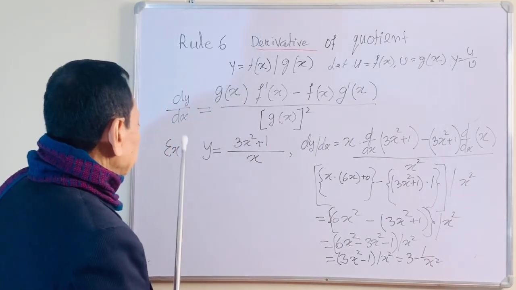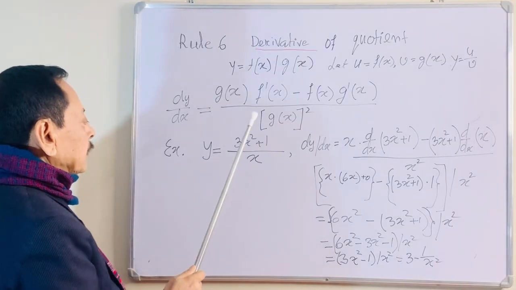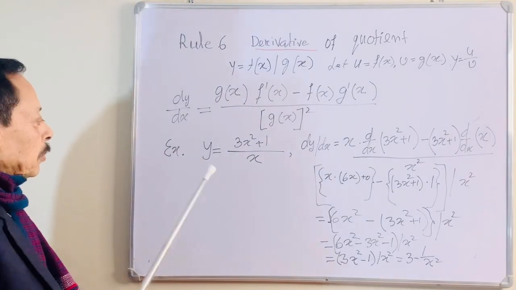Now suppose one example. y is equal to (3x squared plus 1) divided by x. So it is in divisible form.